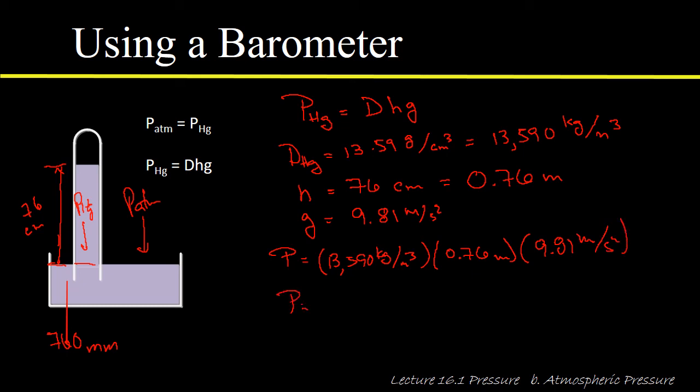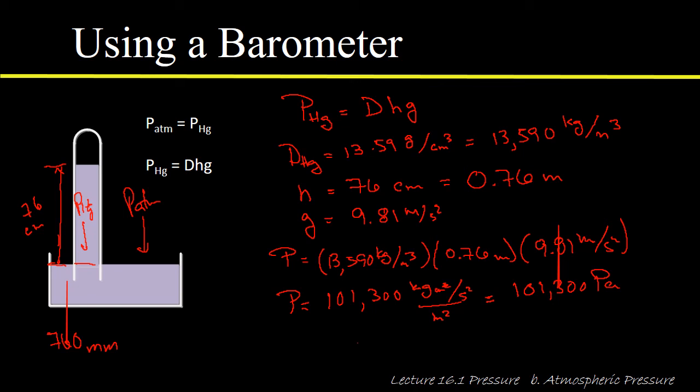Multiply all of that out, and we get 101,300 kilograms meters squared per second, meters per second per square meter. You can play around with the units a little bit to see that that works out, but that gives you 101,300 pascals. And at sea level, that is approximately atmospheric pressure.